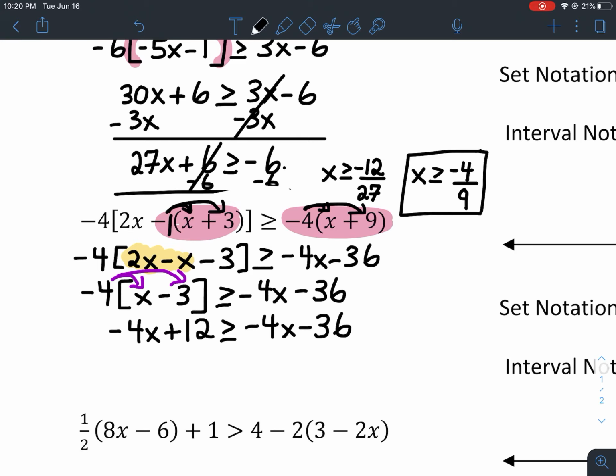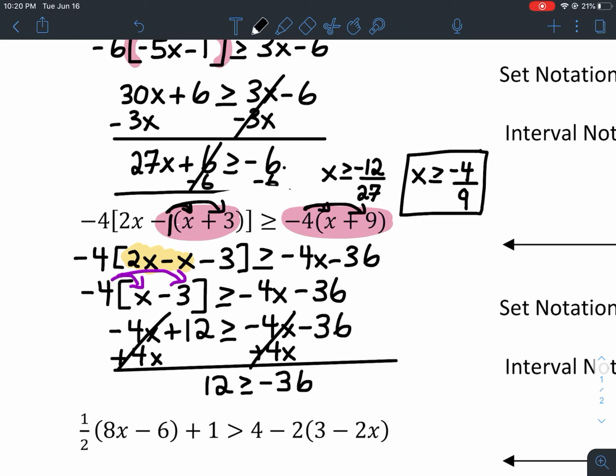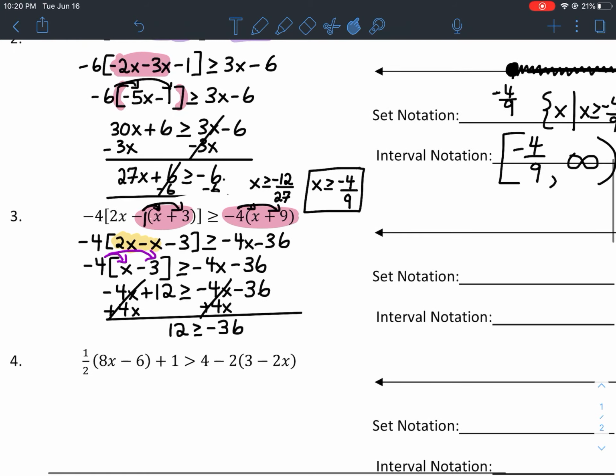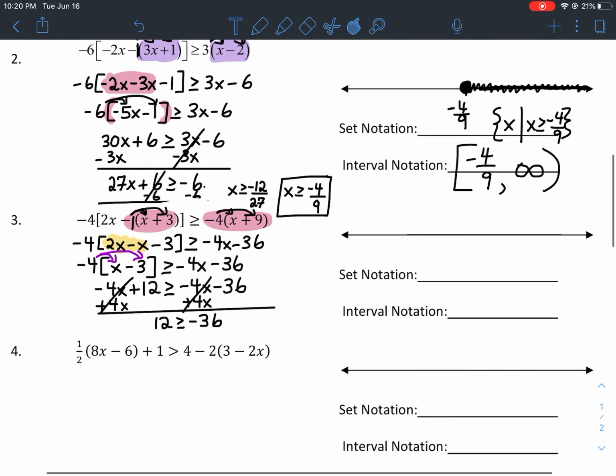Okay, so now what we have here is we have negative 4x, and we notice, well, we have the same thing on both sides. So if I added the 4x, this is starting to seem like those special cases we talked about with equations. We no longer have an x. So now I have 12 is greater than or equal to negative 36.